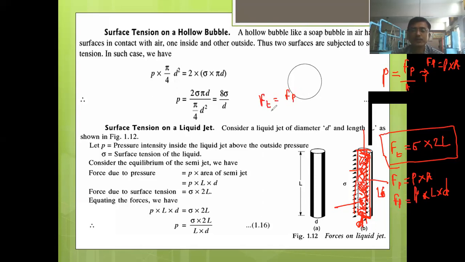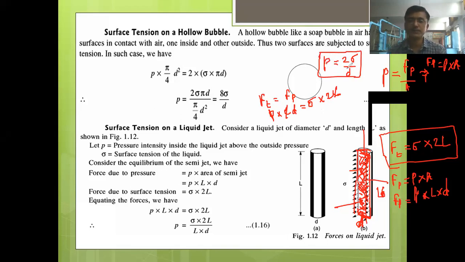What is Fp? It is pressure intensity into L into d, equal to Ft, the tensile force, which is sigma into 2L. This L will get cancelled here, and you get pressure intensity P equal to 2 sigma divided by d. So this is the formula for finding the pressure intensity because of surface tension.